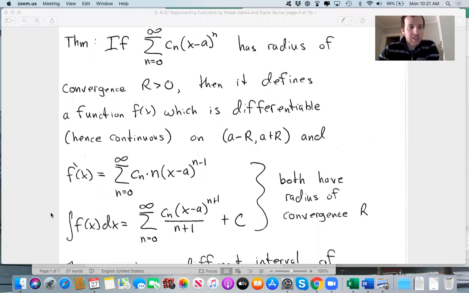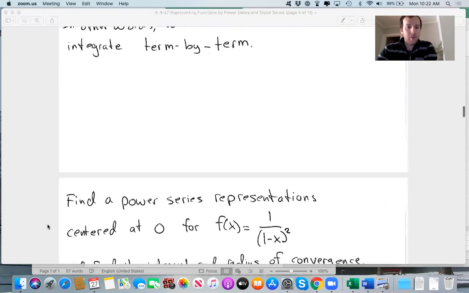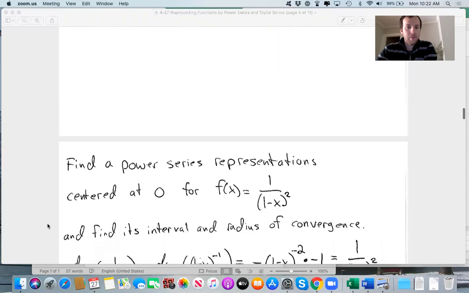So let's see this in action, using these facts here to come up with some new series that we don't have a way to find yet. So here's our question. Let's find a power series representation centered at 0 for this function.